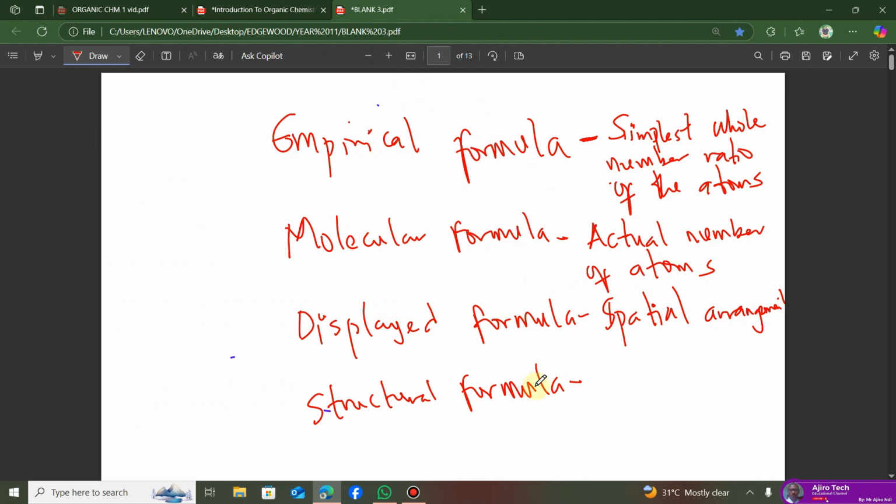So we're going to apply all of this in each of the homologous series that we discussed. All right, so we're going to begin with the first homologous series, which is the alkanes, in the next video.